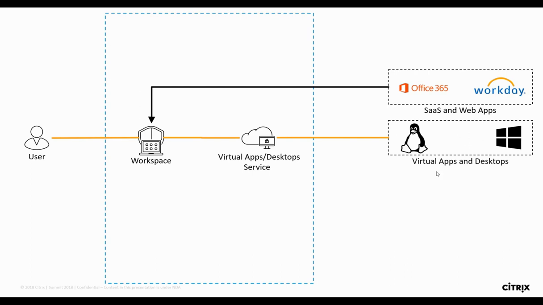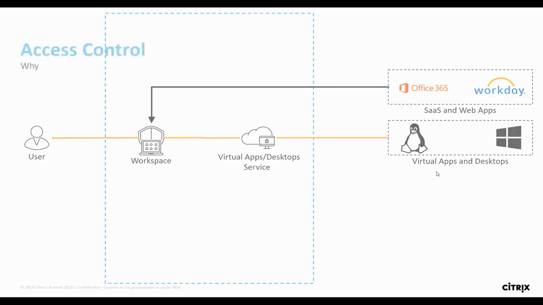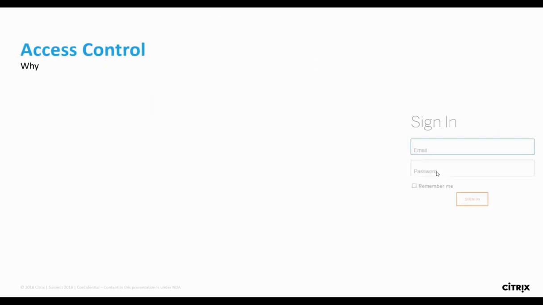It's becoming very difficult to access my resources. I don't remember what half of the passwords are, or even the user accounts, so you have to use third-party password managers to memorize these things for you. But what we want to look at is how we integrate those types of apps easily into our workspace, so it's easy for users to get access from any device. And this is what access control is.